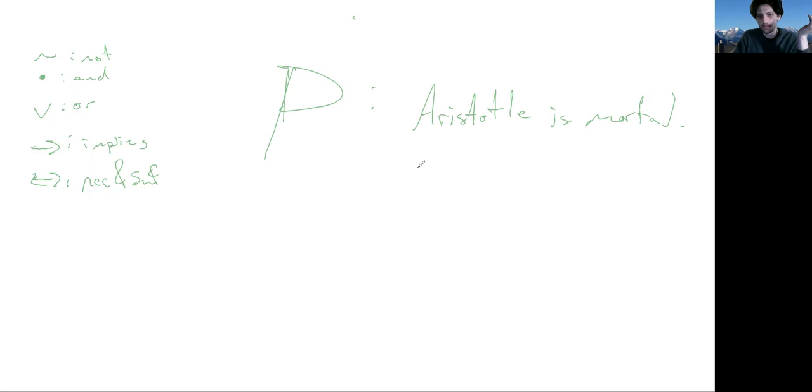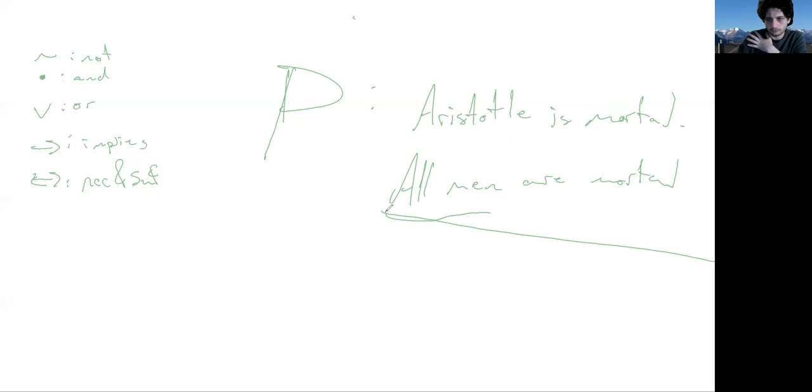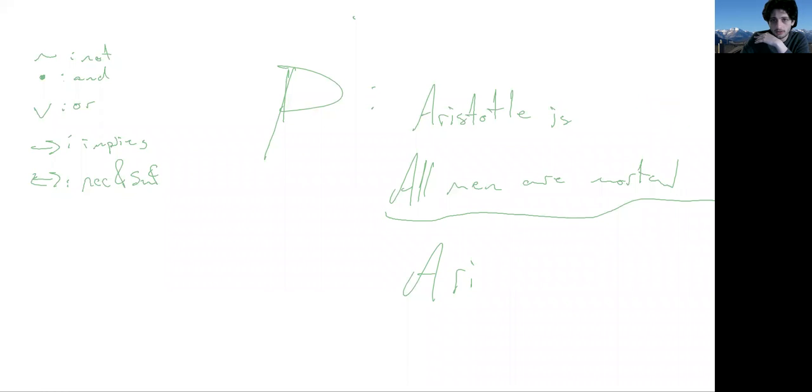And the reason is because, if P means Aristotle is mortal, and then we have another sentence that says something like all men are mortal, and then we have another sentence that says Aristotle is a man.